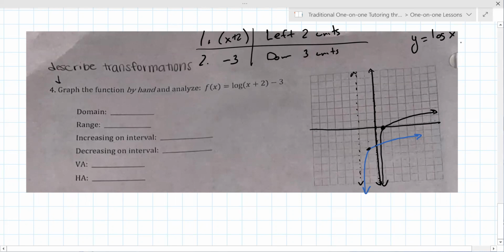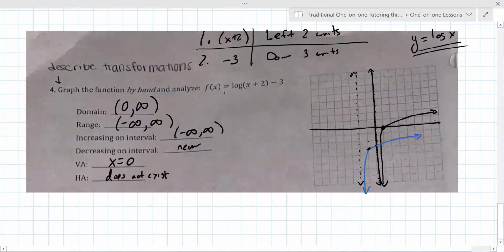So for the log of x here, the domain of that is 0 to infinity, and the range is negative infinity to infinity. It's always increasing. The black is always increasing on its entire interval, and it's never decreasing, because decreasing means it's going down and to the right. This is never happening. And the vertical asymptote is at x equals 0, and the horizontal asymptote does not exist.